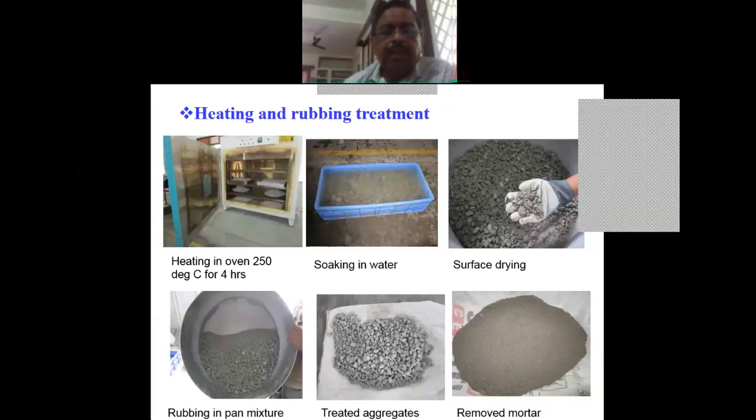Acid soaking we can take only as a laboratory test to find out the original mortar content and the maximum percentage we can remove by this method.